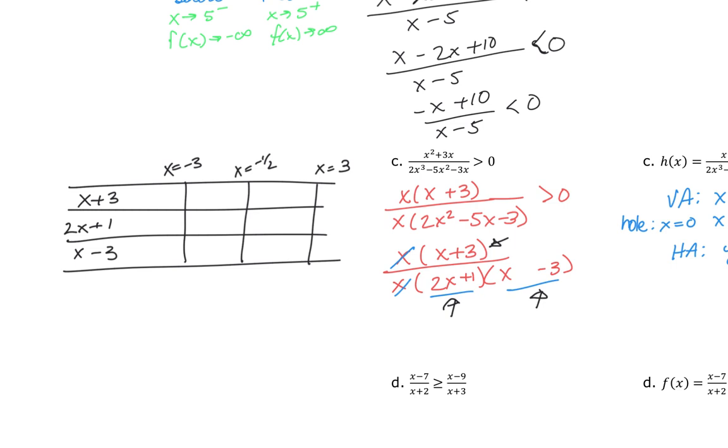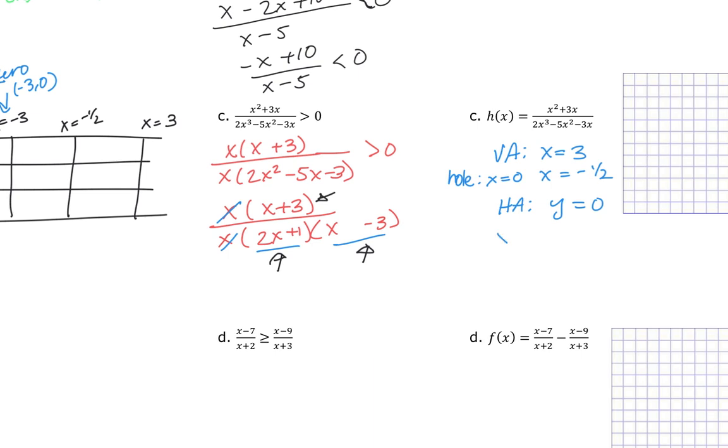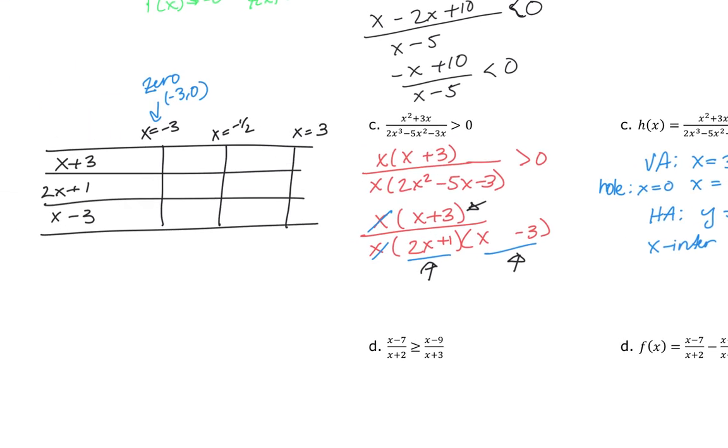So when x is equal to negative 3, this is a 0, which means that I'm going to have an x-intercept at negative 3, 0. This is a vertical asymptote, so vertical, not horizontal, vertical asymptote. And this also is a vertical asymptote.